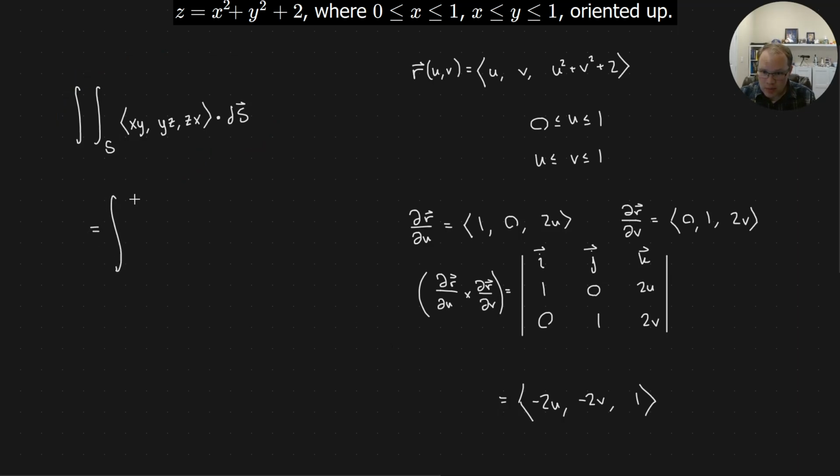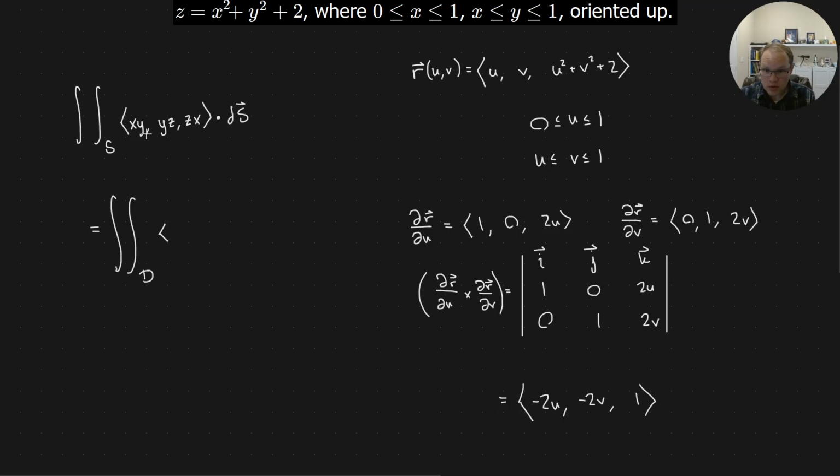So if I plug in, this will be over my new region in uv space, determined by these bounds. And I want to plug in my vector valued function. So I'll plug in u for x, v for y, and u squared plus v squared plus 2 for z.